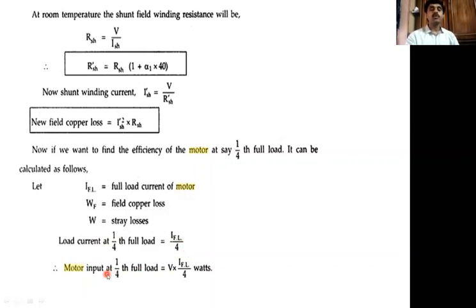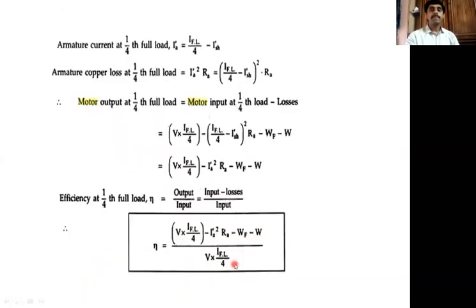Then the motor input at 1/4 of the full load is equal to V into IFL by 4. Therefore, the armature current at 1/4 of the full load is IA dash, equal to the total current at 1/4 of the load minus ISH dash, because this ISH is almost constant.